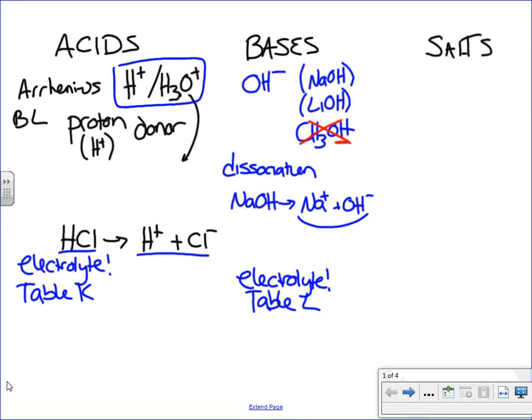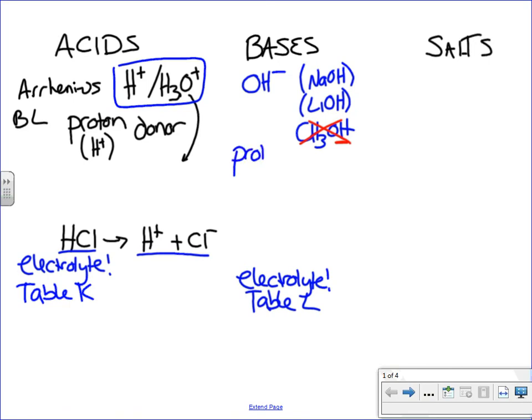Okay? All right. The other theory, Bronsted and Lowry, describes a base as a proton acceptor. That means they can take protons out of solution. So here is a great example. NH3, according to Table L, is a base.